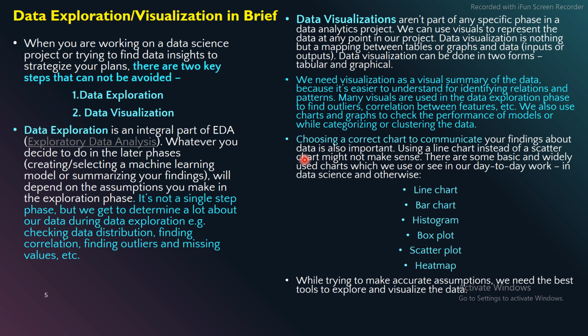Then comes data visualization. Whenever you do any machine learning project, it's not like you apply data visualization at a certain stage. If your data is numerical, then you may draw a histogram, bar chart, box plot, scatter plot.